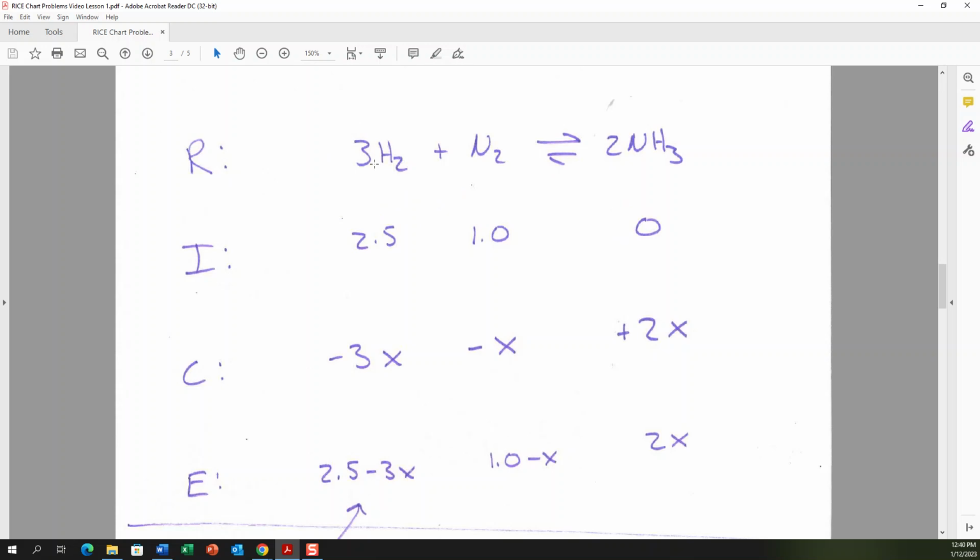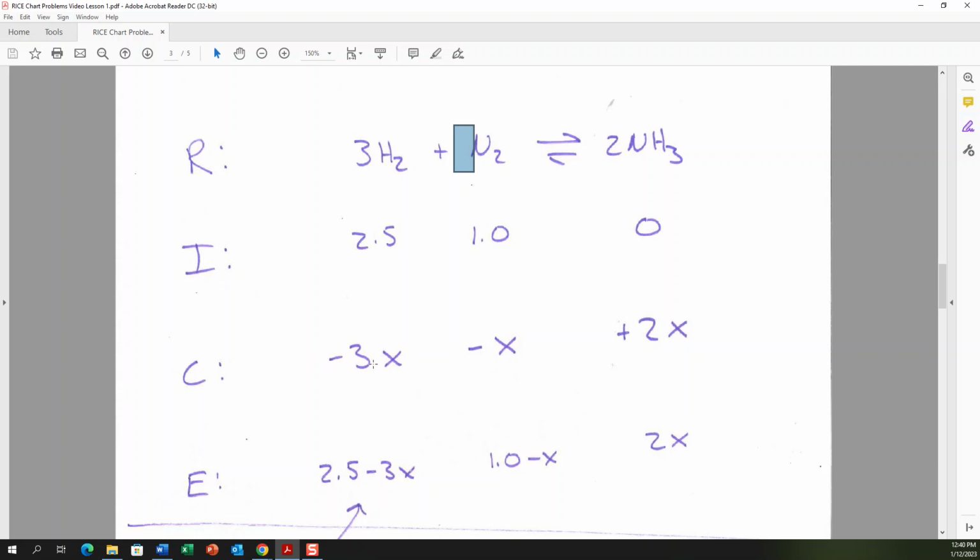Now, this is where we've got to watch out for the stoichiometric ratios, right? The amount of hydrogen I'm going to lose is not equal to the amount of nitrogen I'm going to lose, because you lose 3 hydrogens for every 1 nitrogen, okay? So instead of just saying minus X, it's minus 3X for the hydrogen. Whatever the coefficient is, you include that in the change.